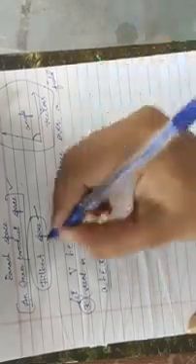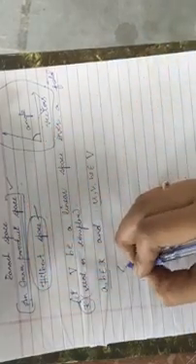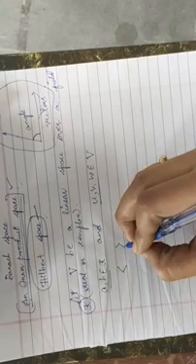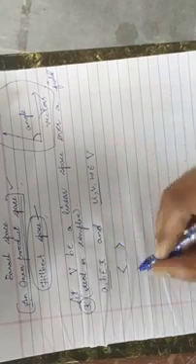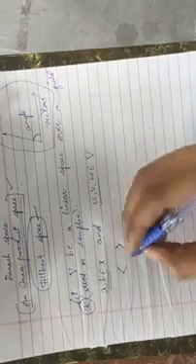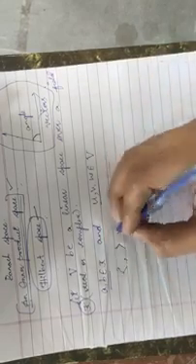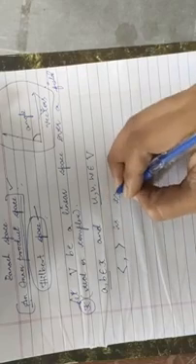Then inner product, we have a symbol to denote inner product, that is a bracket like this. Okay, so I can define inner product. This bracket is called an inner product.